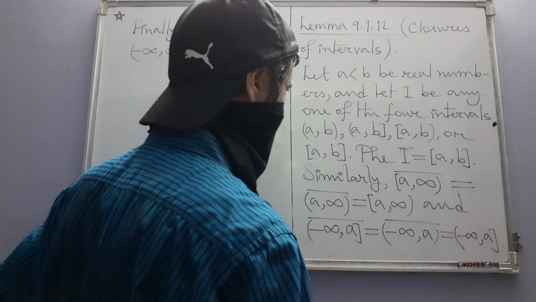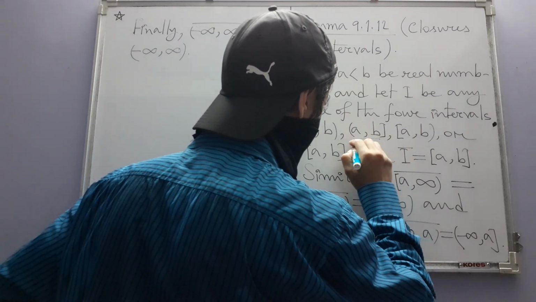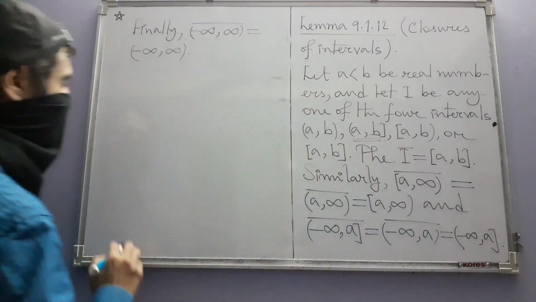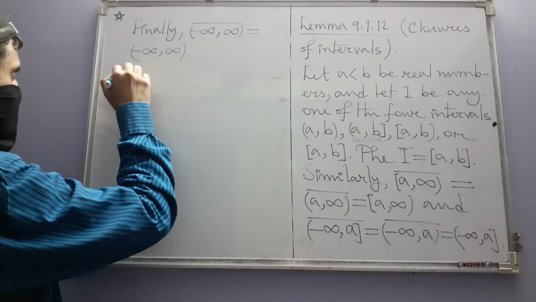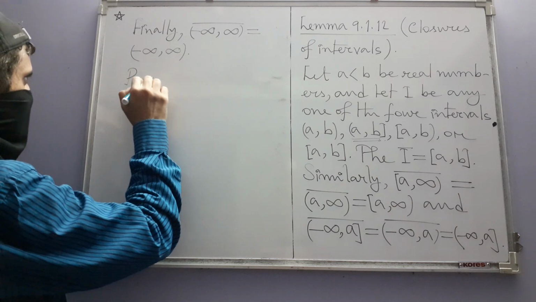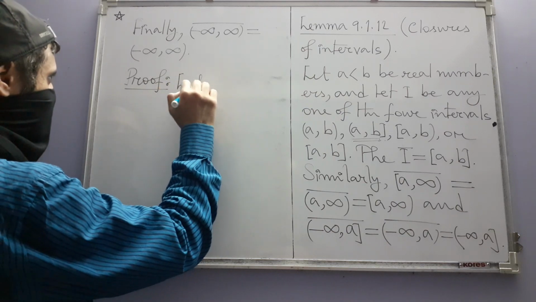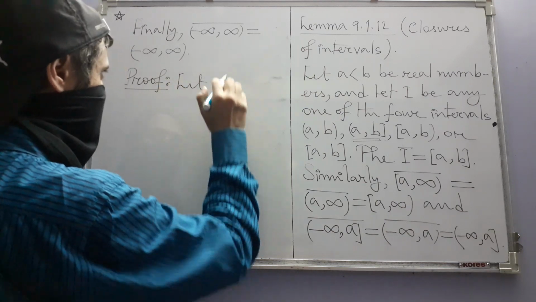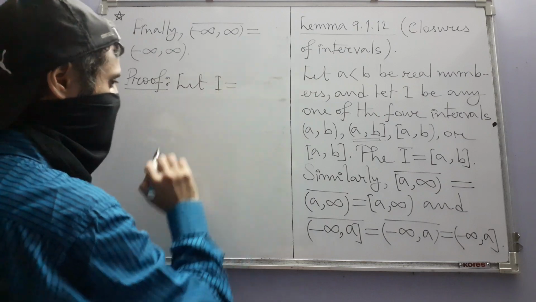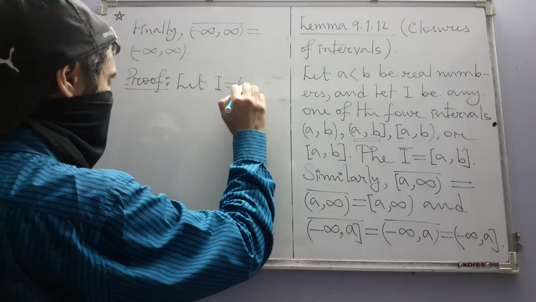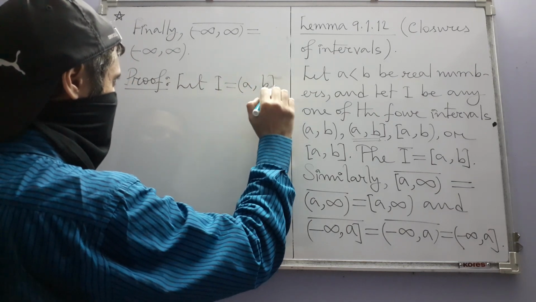So which one should I choose? Let me choose this one as my capital I. Proof. Let capital I be this half open interval.